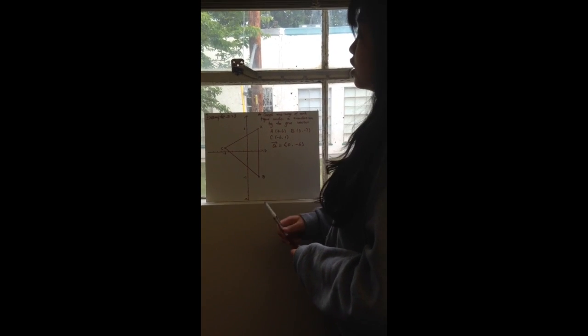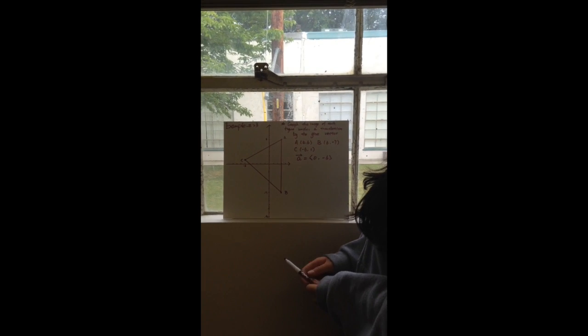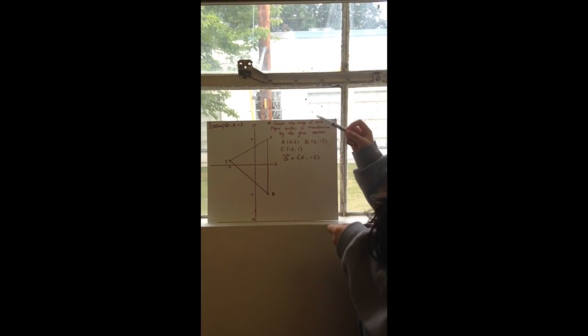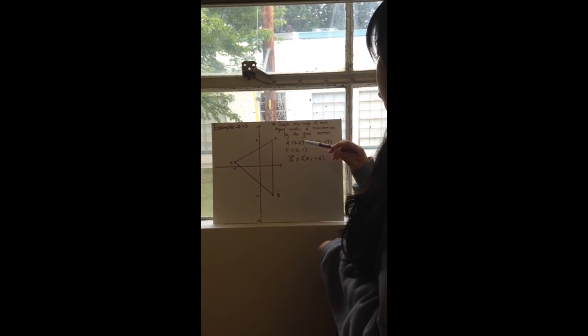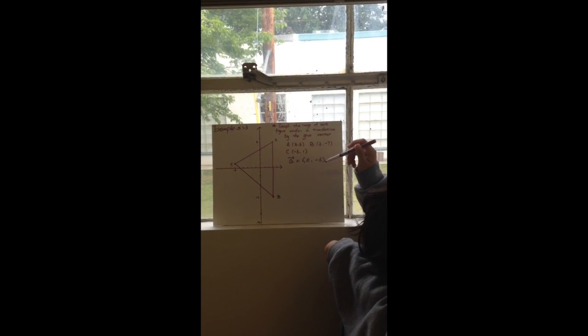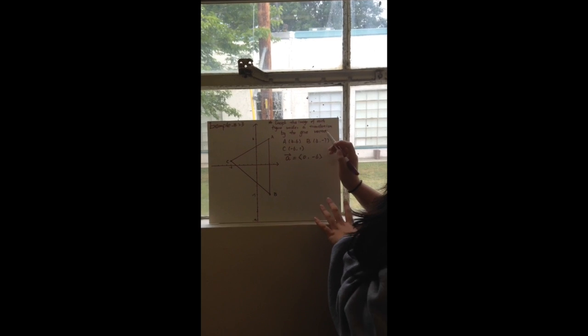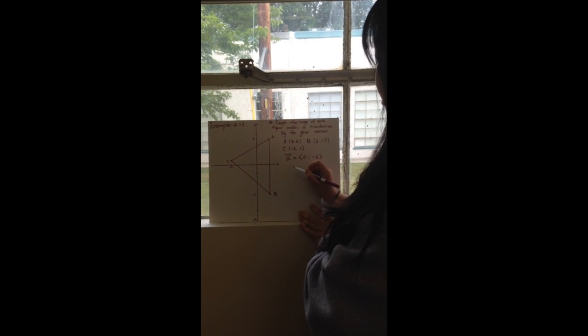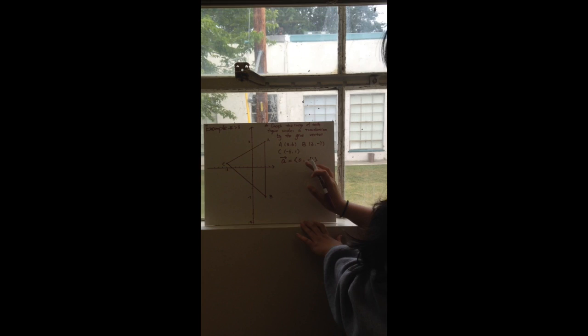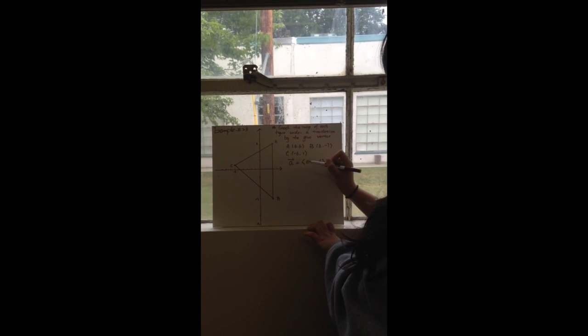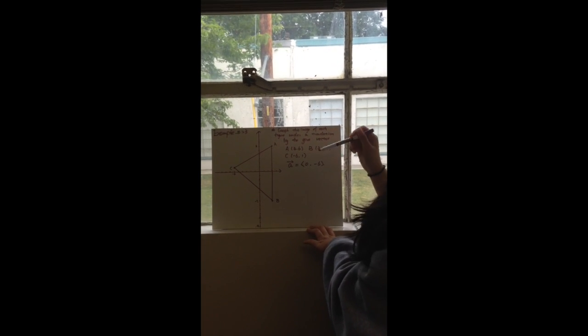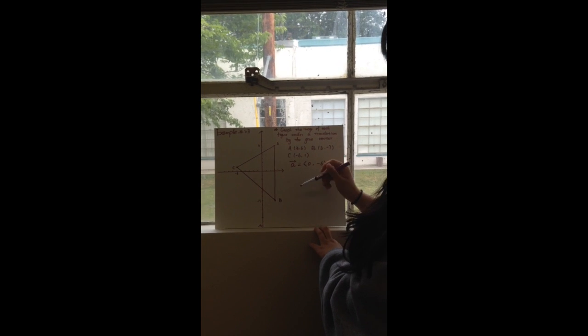Okay, example number 23 is to graph the image of each figure under a translation by the given vector. First, we graph triangle ABC, here it is, and then translate by the vector, which is go down 6 units.